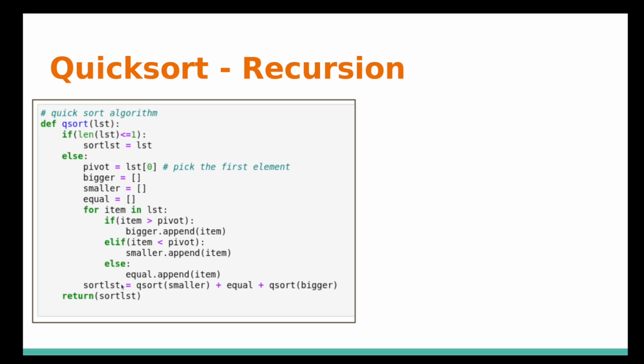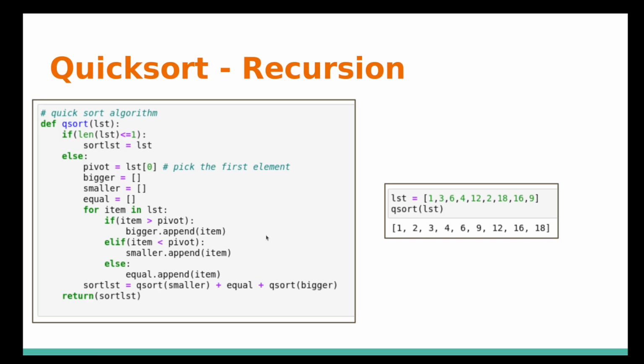And eventually I say my sorted list is qsort, which is the function that I am applying, of smaller, plus equal, plus qsort of bigger, and when I do this, it will return me a sorted list. So if I were to give a list of 1, 3, 6, 4, 12, 18, 16, 19 and apply qsort, you can see that the numbers have been sorted.